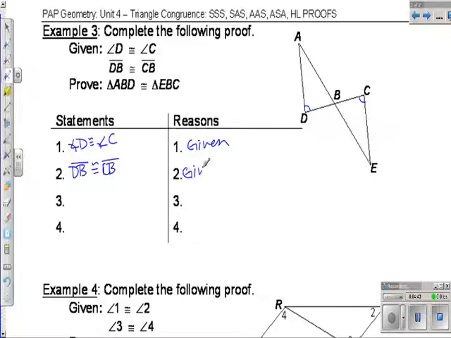So I'm going to go ahead and mark my picture. Well, again, at this point, our givens don't tell us anything else, so I look at the picture and I can see, oh, I have vertical angles right here. So I'm going to go ahead and say angle ABD is congruent to angle EBC because vertical angles are congruent.